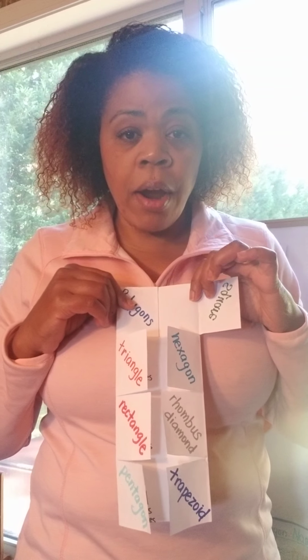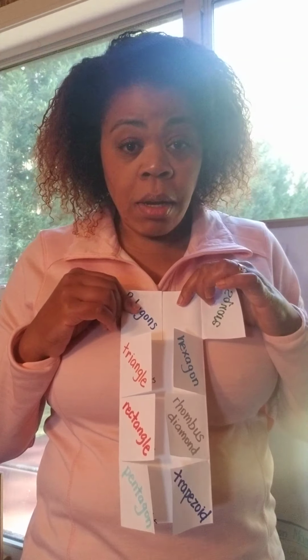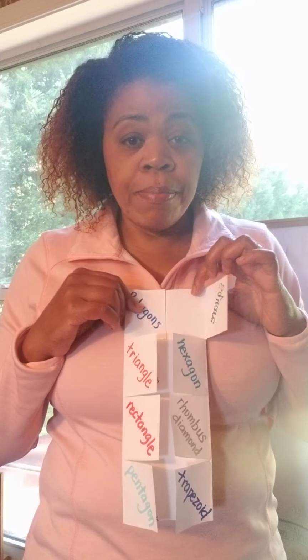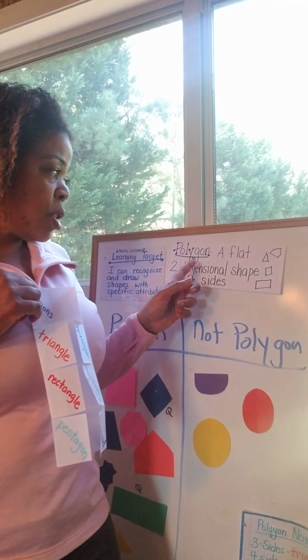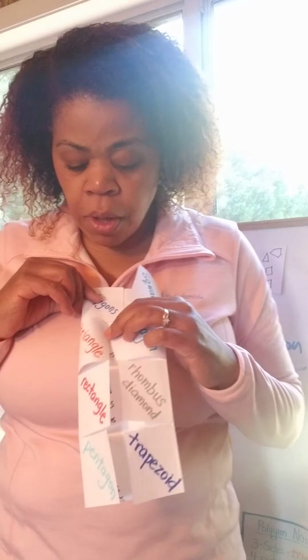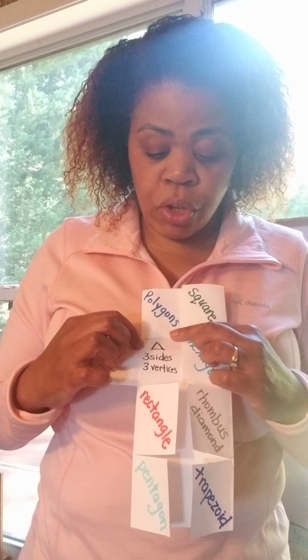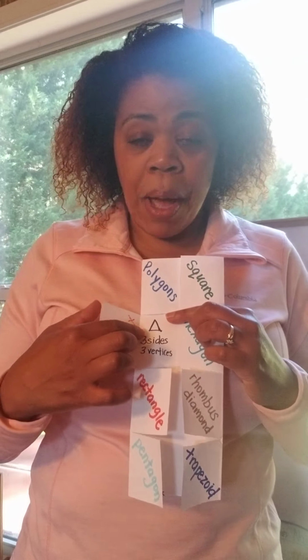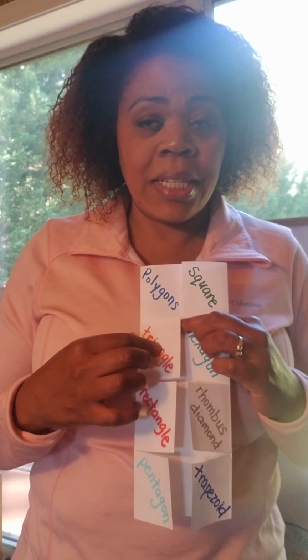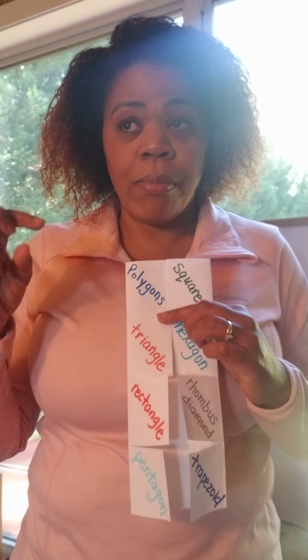So under square, we would write polygon and quadrilateral because it's a four-sided figure, right? And it's a flat two-dimensional shape.